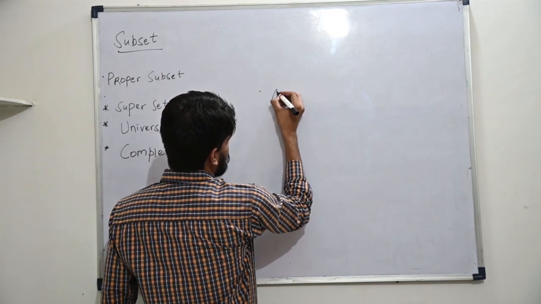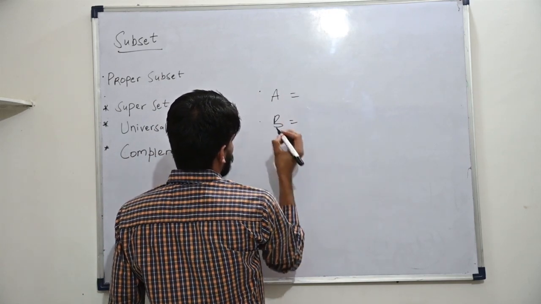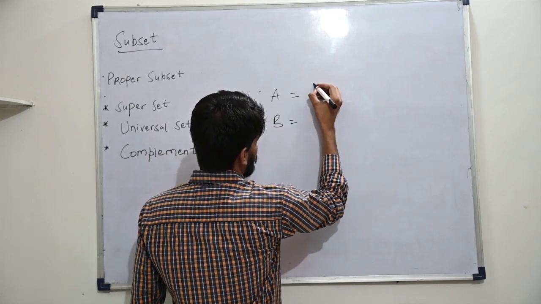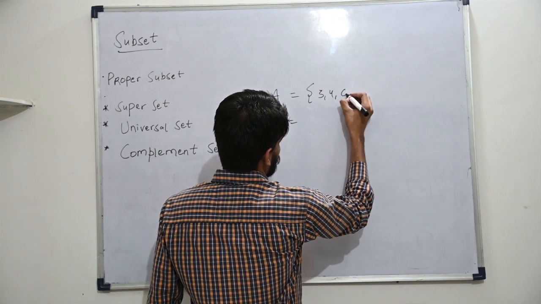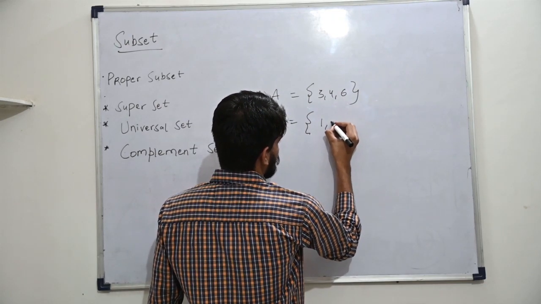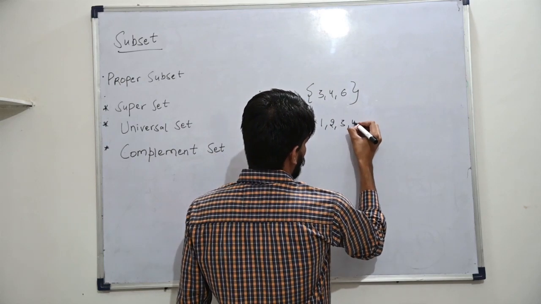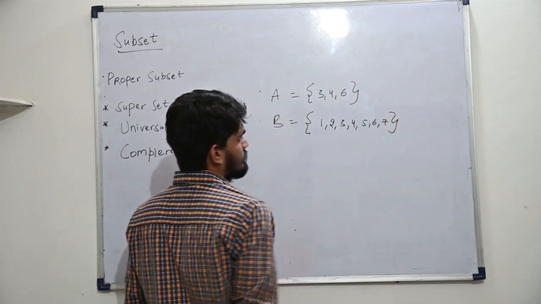We have two sets, set A and set B. Set A is 3, 4, 6, let's say, and set B is, let's say, 1, 2, 3, 4, 5, 6, 7, for example.